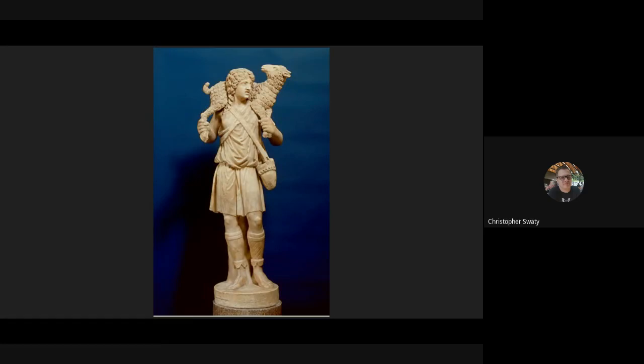Here is another depiction of Jesus as the good shepherd. You can look here and tell that this is a very early sculpture of this subject matter. He is very realistic. We have all these typical traits of Roman sculpture.